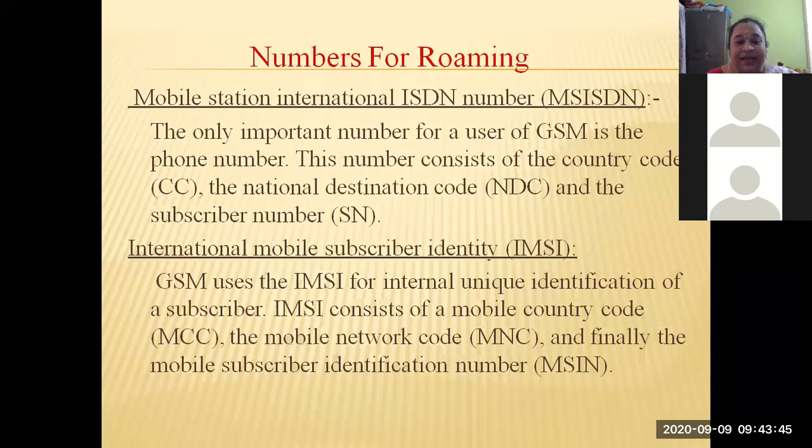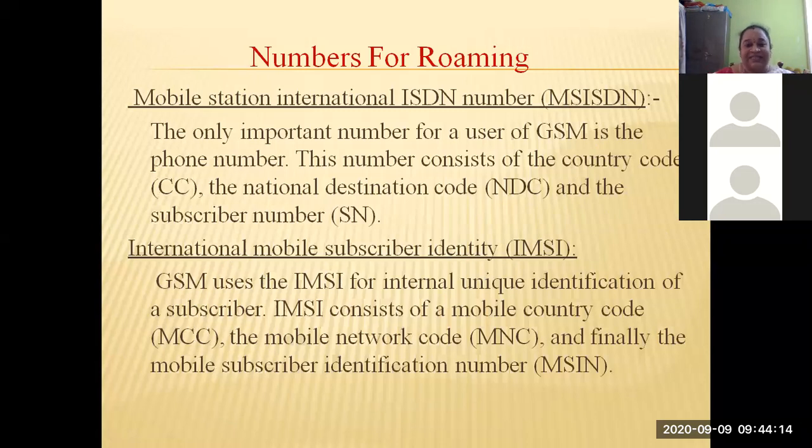Next one is the international mobile subscriber identity, IMSI. This IMSI will be used for internal unique identification of a subscriber. Okay, this is the identification of a mobile number, the location, the country, and the subscriber number also. But unique identification of the subscriber will be done using the international mobile subscriber identity, that is IMSI.